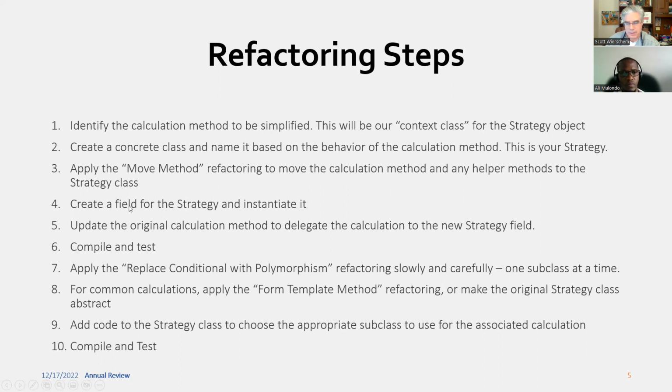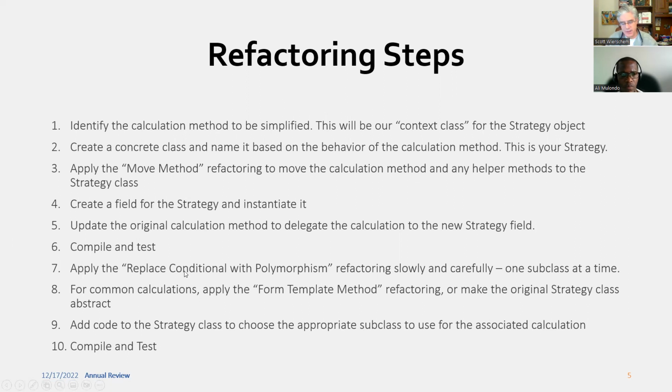The field is your member variable for a class. You update the original calculation method so that it delegates to the new strategy object. And of course, you compile and test.